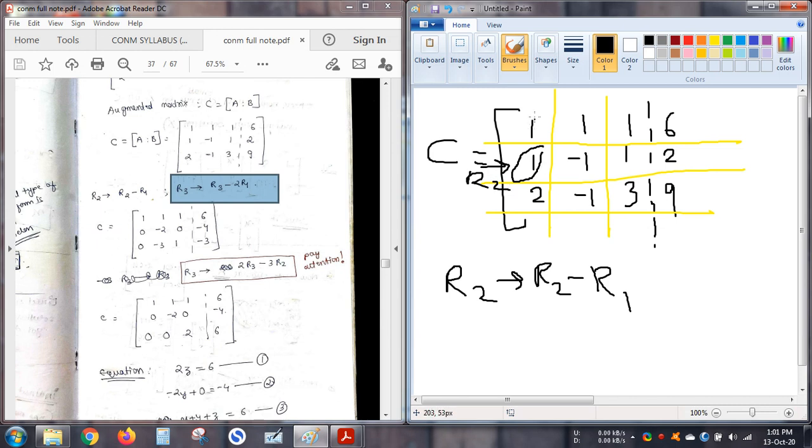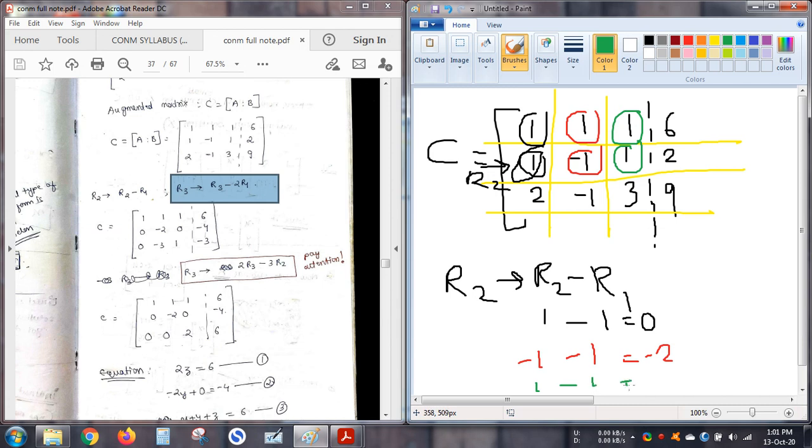In the first one, I have R2 as 1 and R1 is also 1, so 1 minus 1 is 0. For this I have minus 1 minus this, which is 1, which equals minus 2. Over here I have 1 minus 1, which equals again 0.